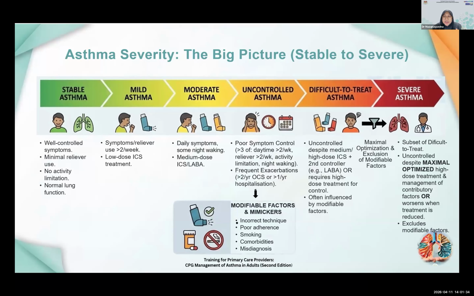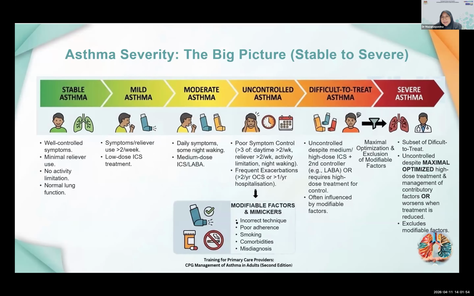Usually if the patient is in step 1 or 2 or a low dose, we use the short-acting bronchodilator. But in patients with difficult to treat asthma, they need a long-acting bronchodilator, and are often influenced by modifiable factors. So this patient is considered difficult to treat.